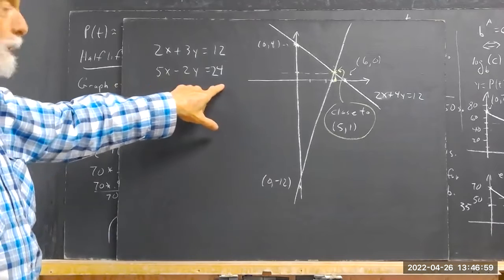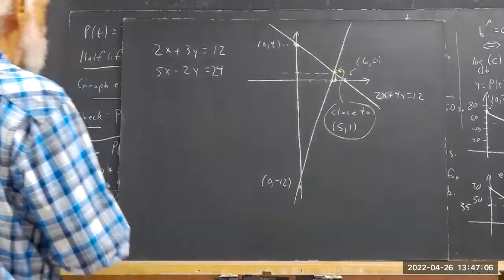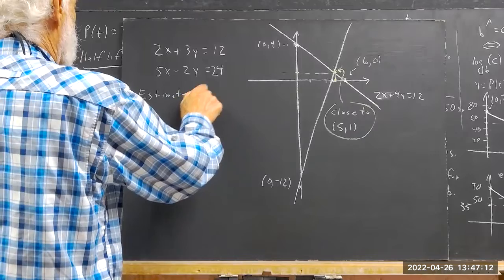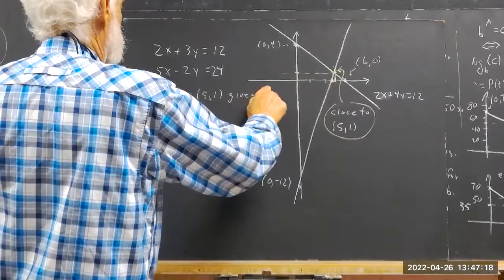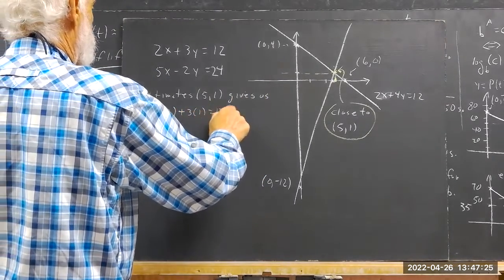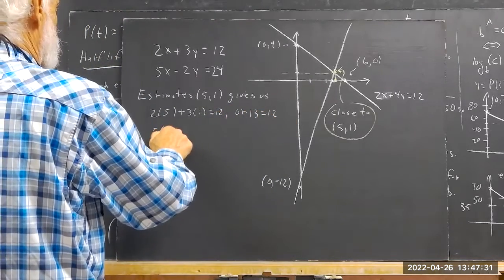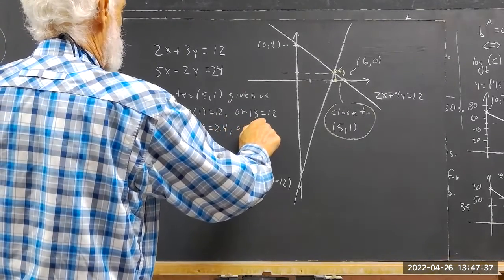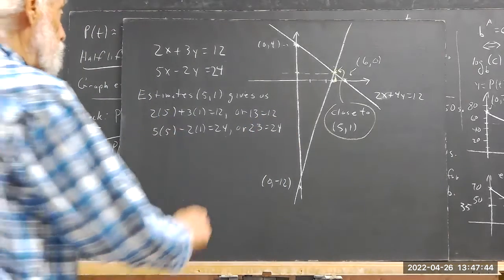It'd be 25 minus 2 would be 23. Okay? So these are close.